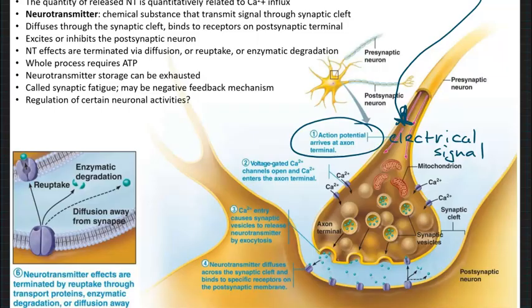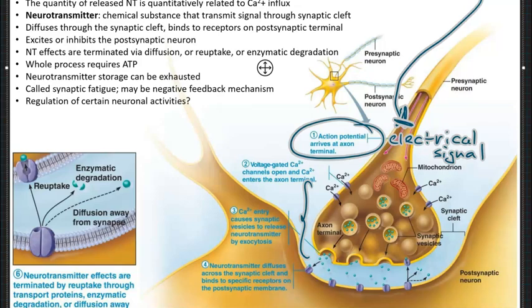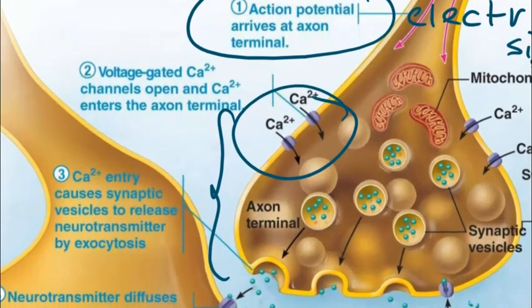Just trust me, it is a blast of electricity. When this blast of electricity reaches this axon terminal, it literally opens these sodium channels. And you can see that sodium ions start to diffuse from outside of the cell into the inside.